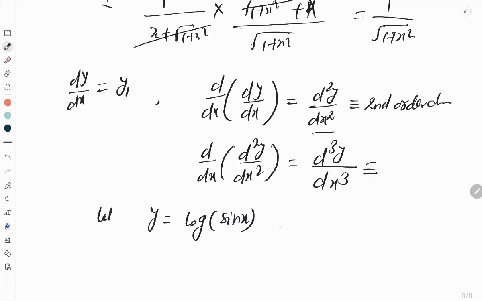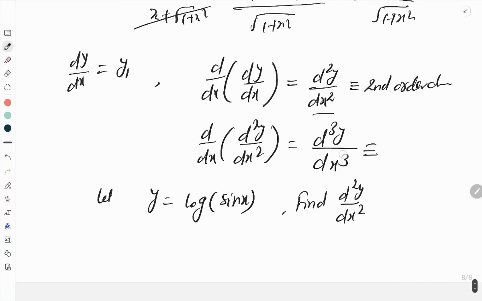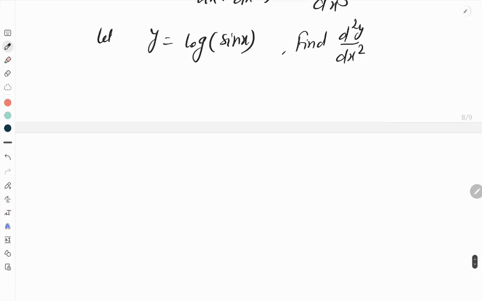Find d2y by dx square. Meaning, you have to find the second order derivative. First you have to take dy by dx, then differentiate that again with respect to x. First differentiate dy by dx with respect to x, here also dy by dx of log sin x.